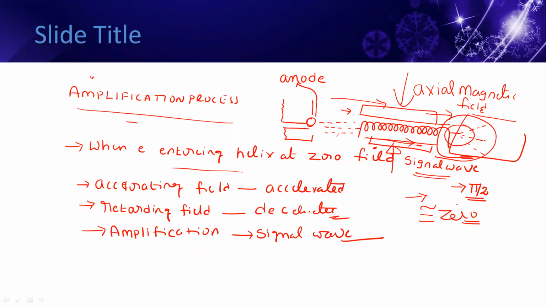So the bunch of electrons emerging from the attenuator induces a new electrical field with the same frequency. Very important term, the keyword: same frequency. This field in turn induces a new amplified microwave signal.